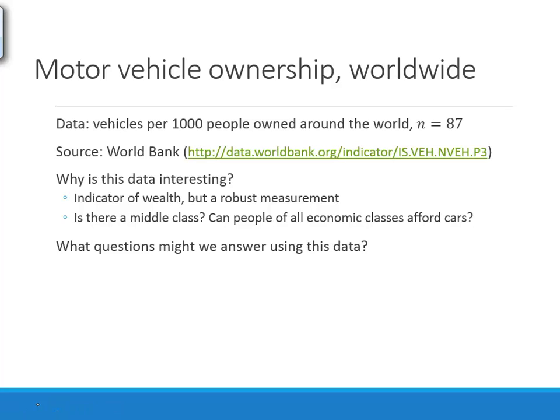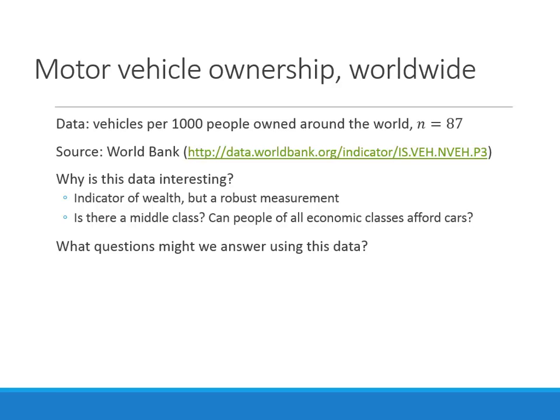Before we move on, I wanted to bring in one of these extra credit data sets that somebody submitted, just to show you how we can use this in real life. This is one of the first extra credit data sets I got. The data that they submitted was on vehicle ownership in countries around the world. It's vehicles per 1,000 people, and we have this data on 87 countries.